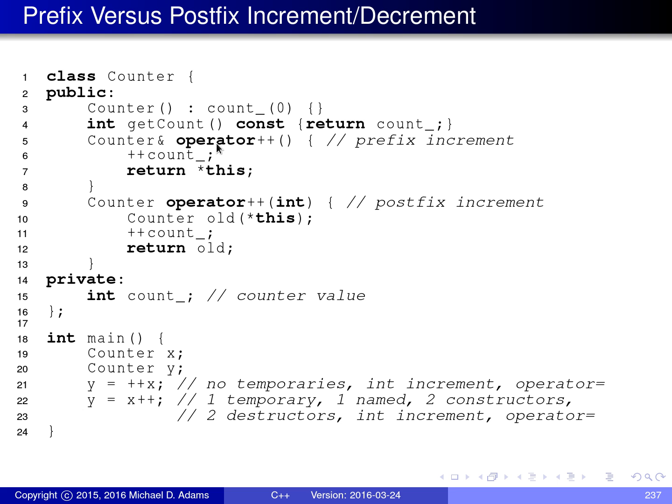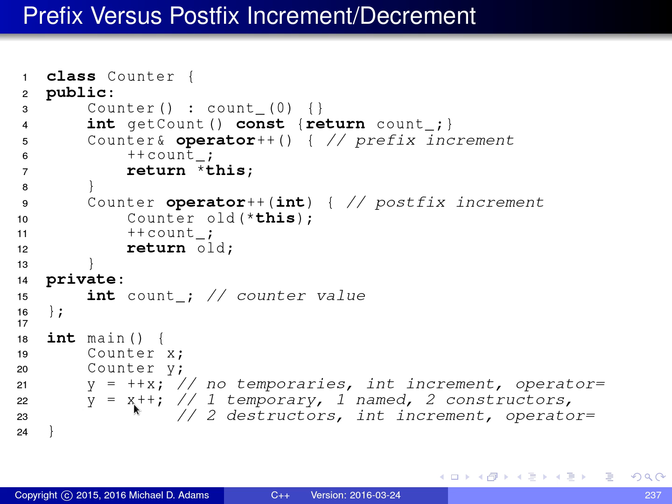This is going to increment the value of the count_ data member, and then return a reference, because of the ampersand here, to this. In other words, the object that we're operating on. So in total, the only operation we're doing is incrementing a single integer. Then we take the result and assign it to y. So the cost of this line of code is an integer increment plus an assignment operation.